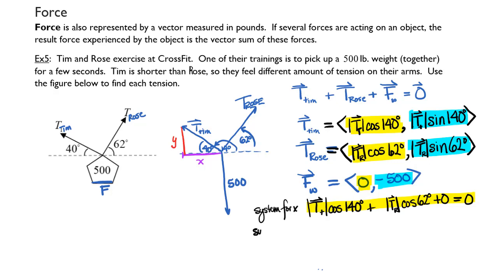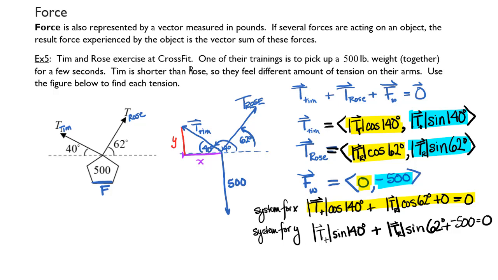The equation for the y direction will be the tension magnitude for Tim times the sine of 140 degrees plus the tension magnitude for Rose times the sine of 62 degrees plus negative 500 equals 0.